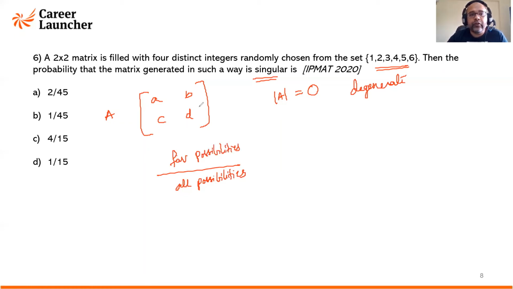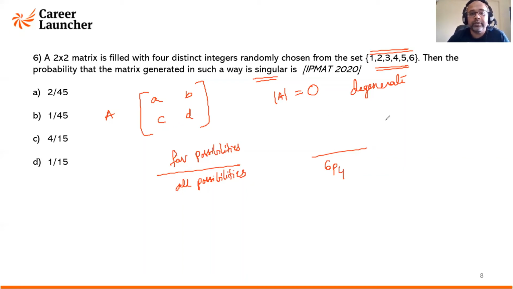So when you're arranging 4 numbers A, B, C, D, because place matters, where is A, where is B, where is C, where is D? From these 6, the total number of ways in which you can form matrices is 6P4, because 6 numbers are to be arranged in 4 places. Right? Go back to the basics of probability. Favorable possibilities. What are the favorable possibilities?